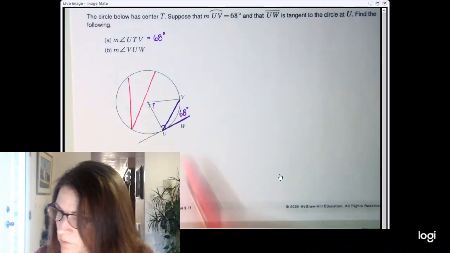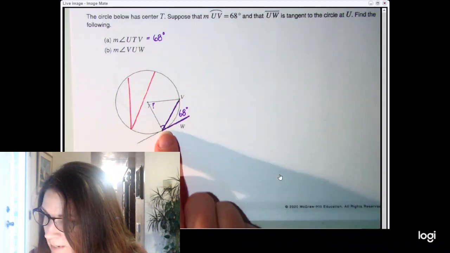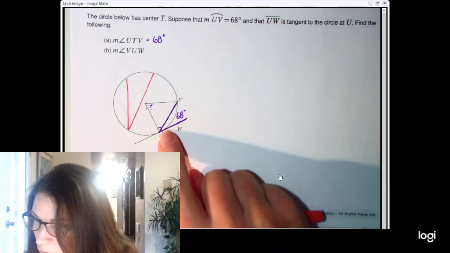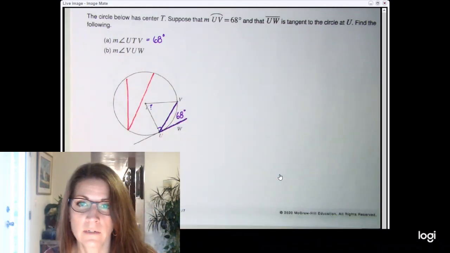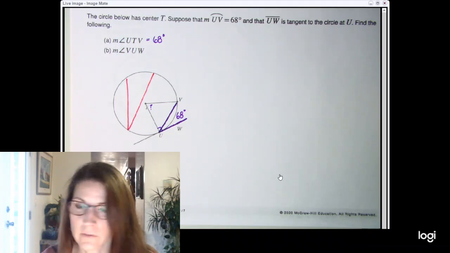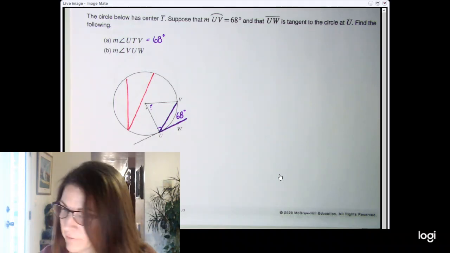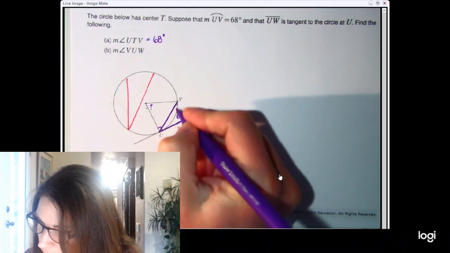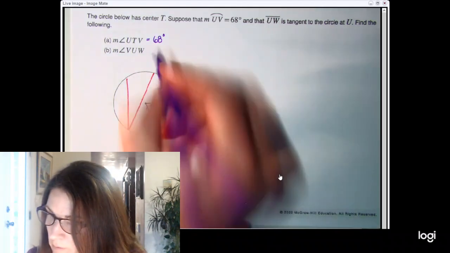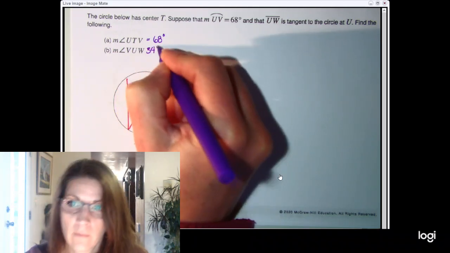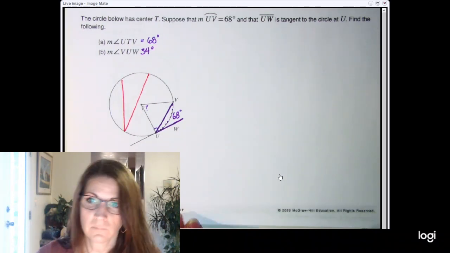But I need you to start seeing the line tangent also could create an inscribed angle. And how are inscribed angles related to the measure of their intercepted arcs? Half. So if this arc right here is 68 degrees, then this angle is half, putting it at 34 degrees. Not too bad, right?